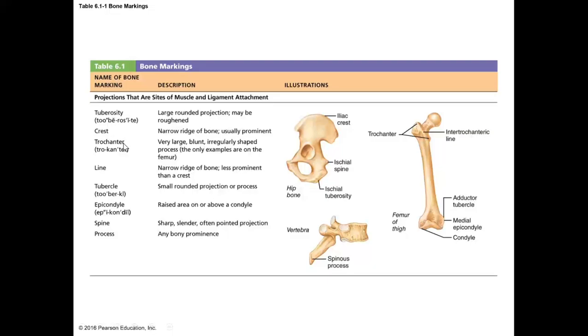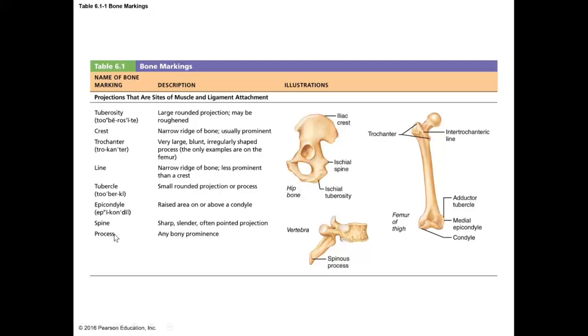Trochanter is a very large outpouching where muscles are attaching, and there's usually several attaching there. Line, again, is similar to a crest. It's a raised area. Tubercles are very similar to tuberosities. Epicondyles are very similar again. It's just an outpouching. It depends on where it is and how to name it.